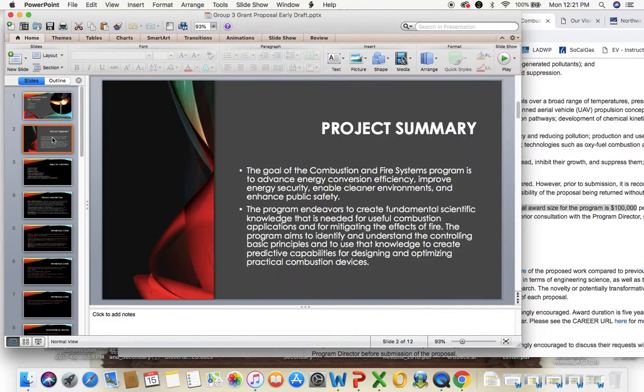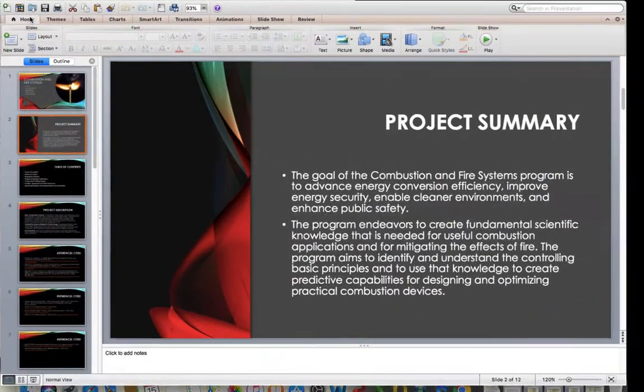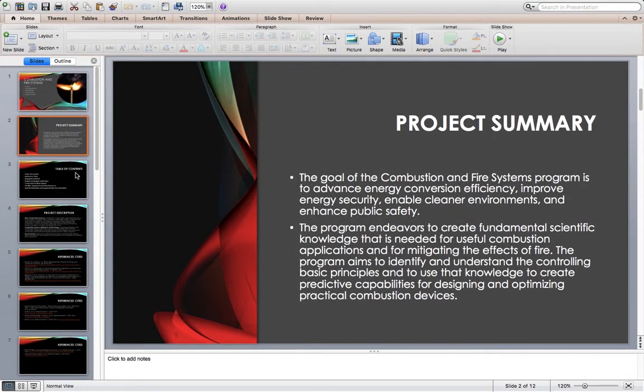So my first reaction when I went through your early draft is that you seem to be, and I could be interpreting this incorrectly, but it seems to be kind of a rhetorical analysis or a summary of the CFP itself.